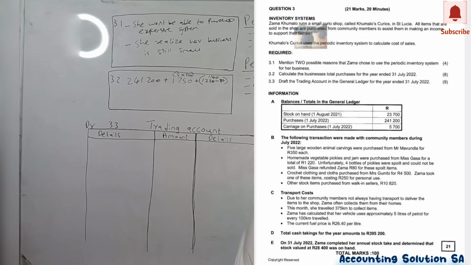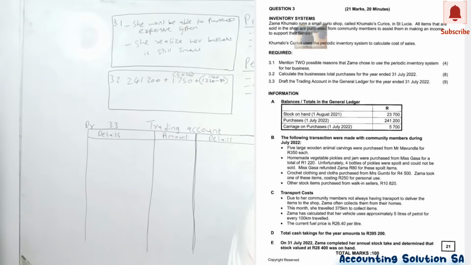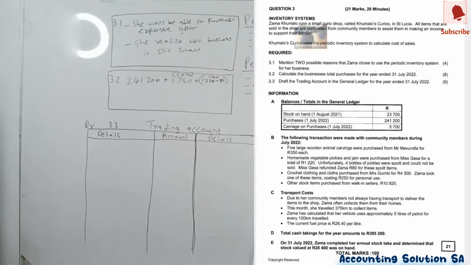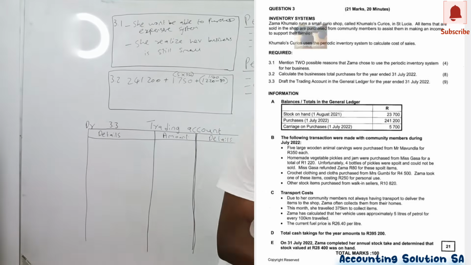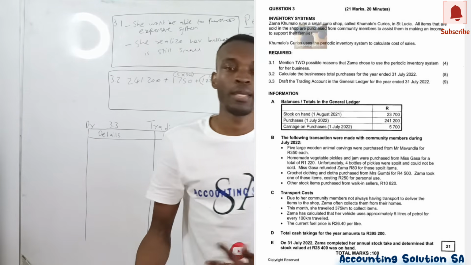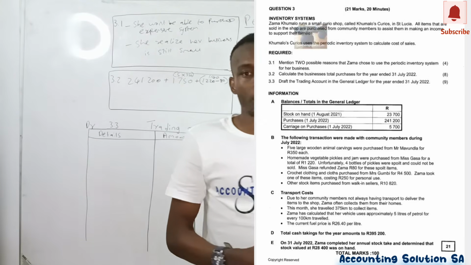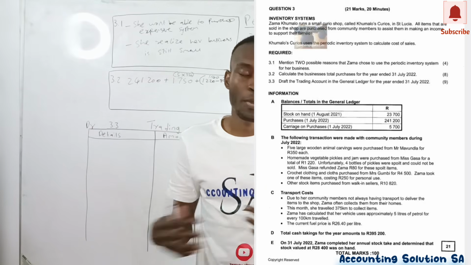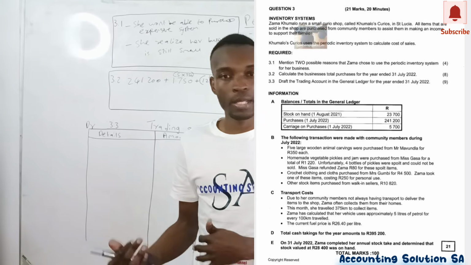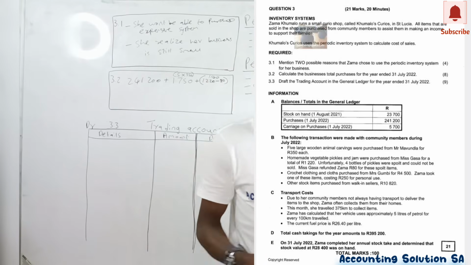They said that corset clothing and clothes purchased from Mrs. Gumbi for 4,500. Zama took one of these items, costing 250 for personal use. Once we hear the word personal use, we know that it's drawings, which means that that item was taken and used for personal use, not for business, which means that that amount we have to do what?